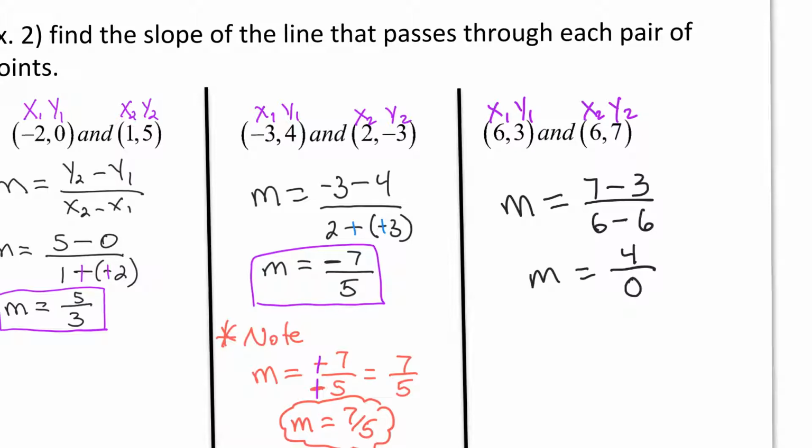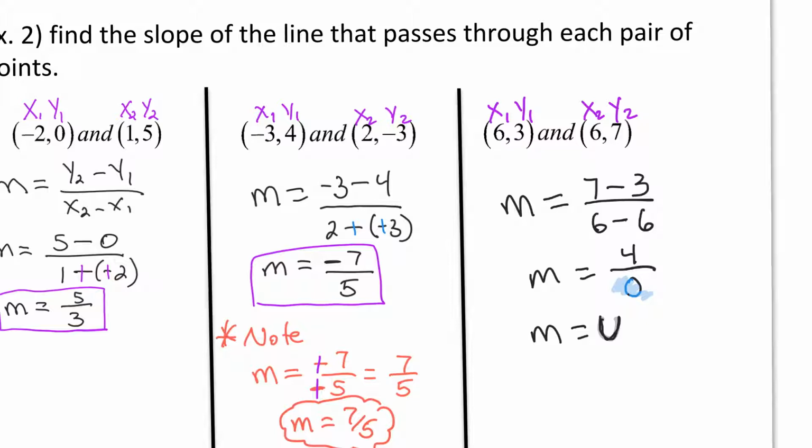All right, guys. Now, important, also very important. If you guys have a 0 on the bottom, actually, let me just highlight it. There's a 0 on the bottom of the fraction. When you have that 0 on the bottom, it doesn't matter what number you have on the top. If it's negative, positive on the top, does not matter. If you have a 0 on the bottom, your slope will be undefined.